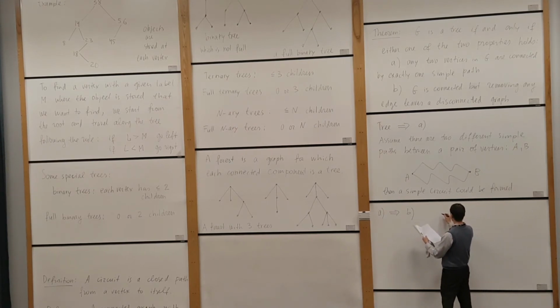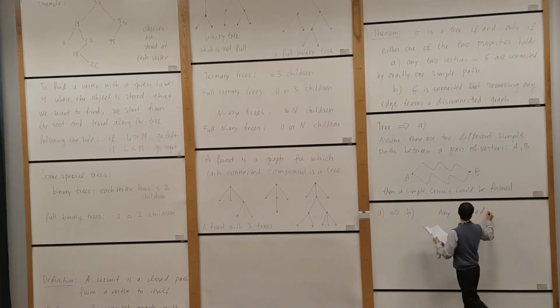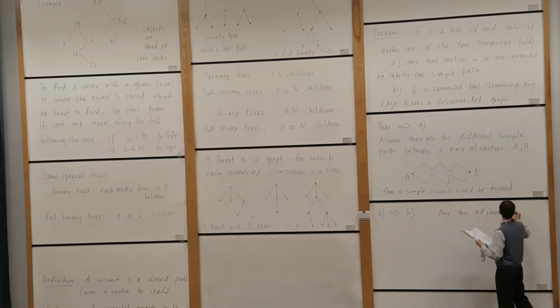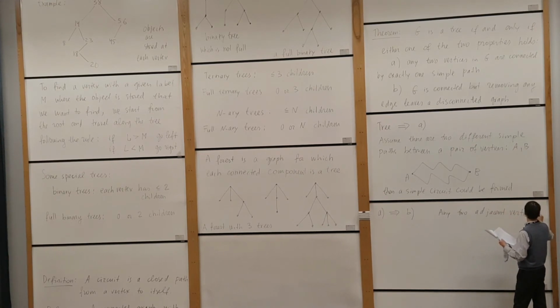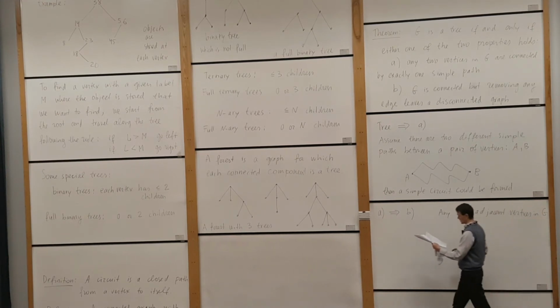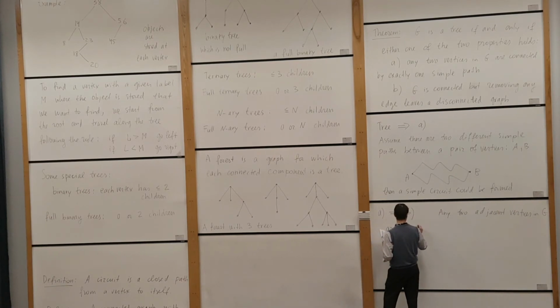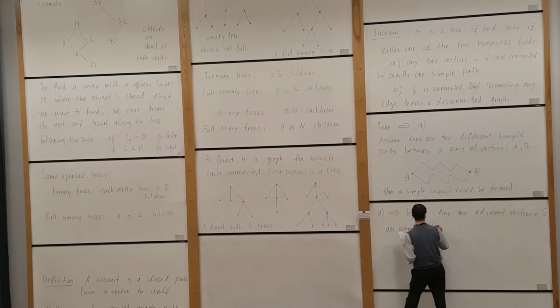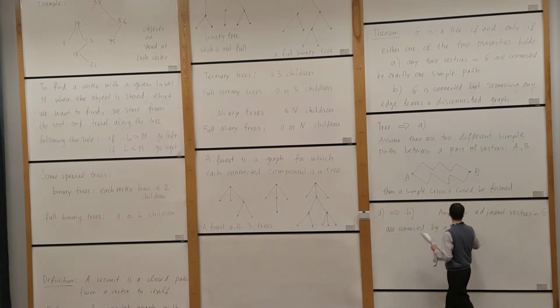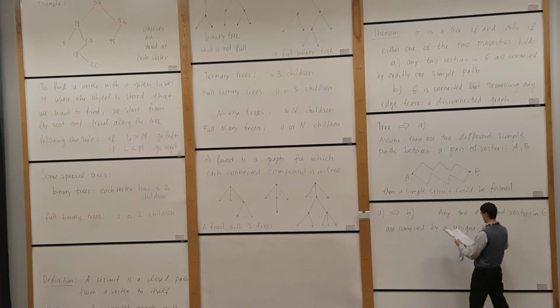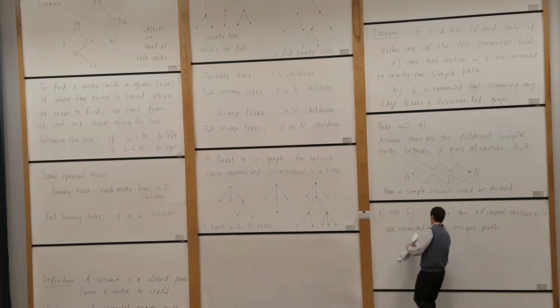Well, any two adjacent vertices in G must be connected by a unique path, which is the edge AB.